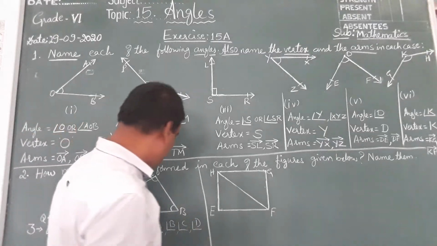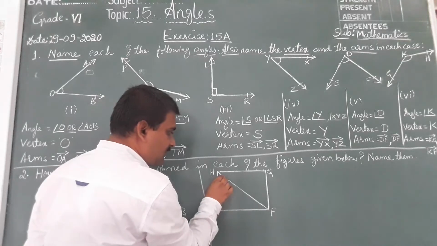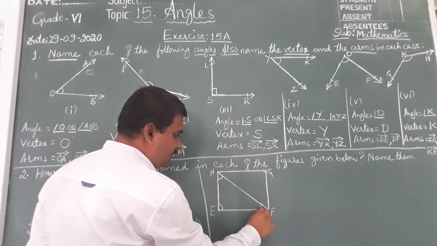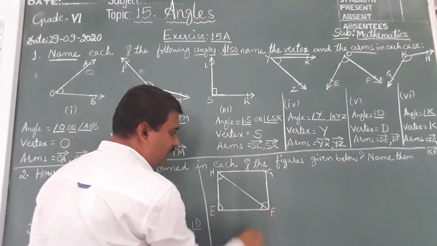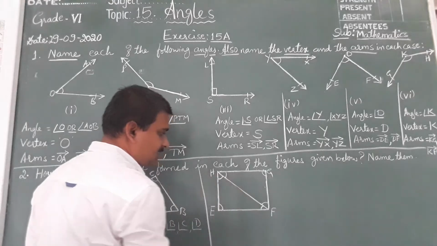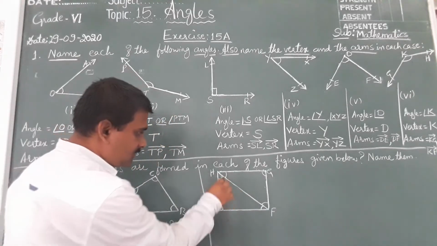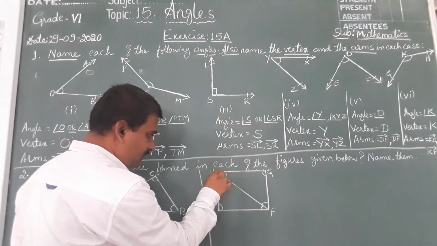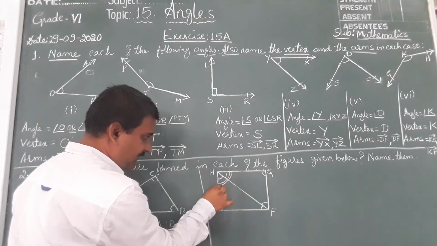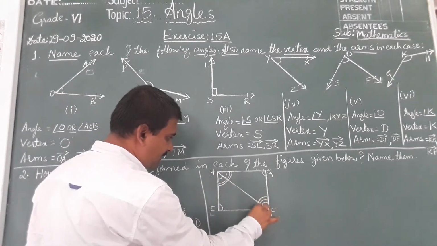Here, children, look at this one. First, how many angles are there? Count. 1, 2, 3, 4, 5, 6. Over? Only 6? No. See, children, this big angle including this and this, complete this, 7, and this angle, 8.